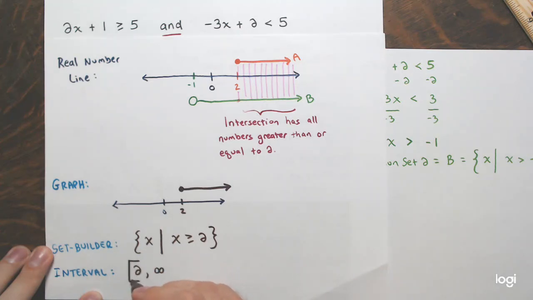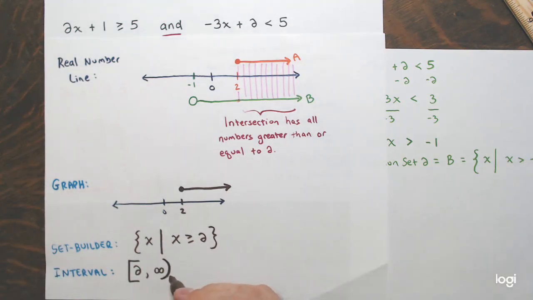All right, little 90-degree angles here. That tells me that 2 is part of the set. And then all the numbers greater than 2, up to infinity. Now, infinity is not a number. I mentioned that already. And because it is not a number, it is not actually in the set. So I'm going to put a parenthesis around that. Parentheses mean that the number on the end is not in the set. Infinity is not a number, so it can't be part of the set.